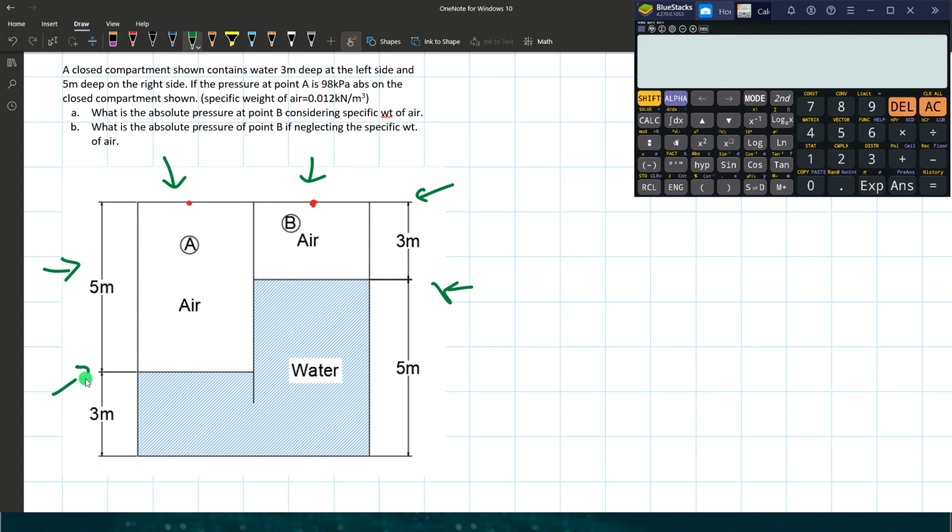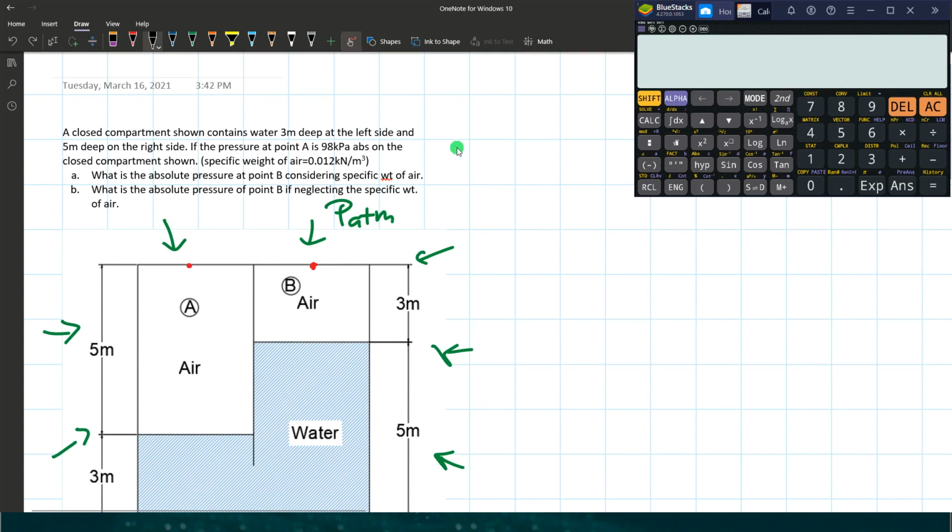So let's just compute the gauge pressure from point A to point B, and that will also be the absolute pressure since this is a closed container.